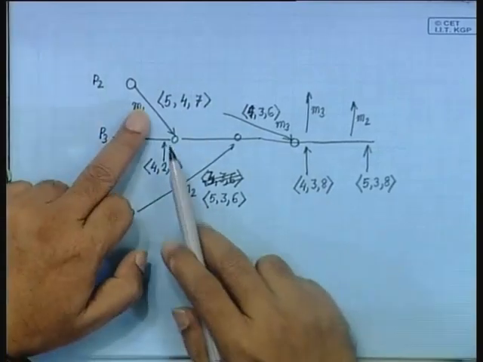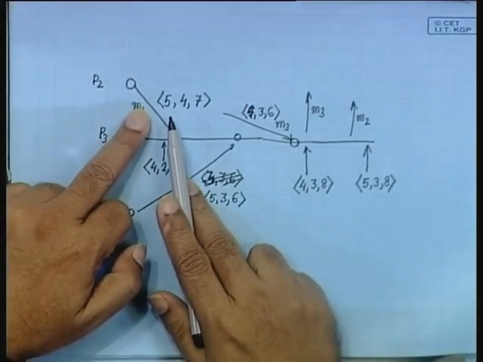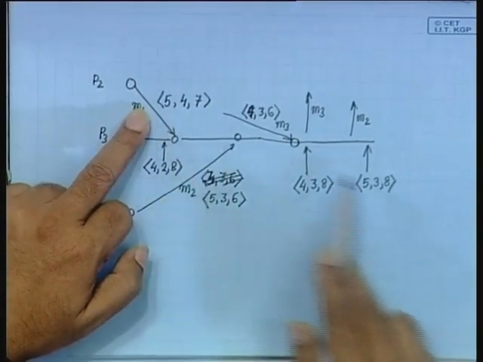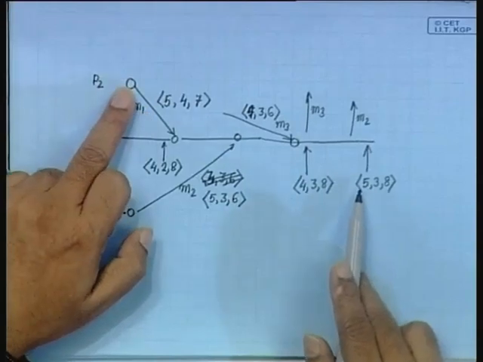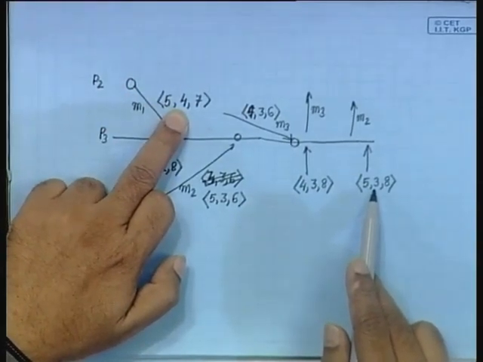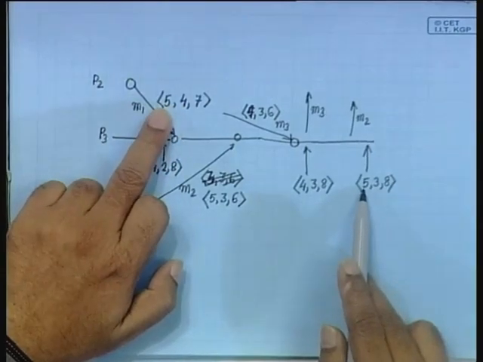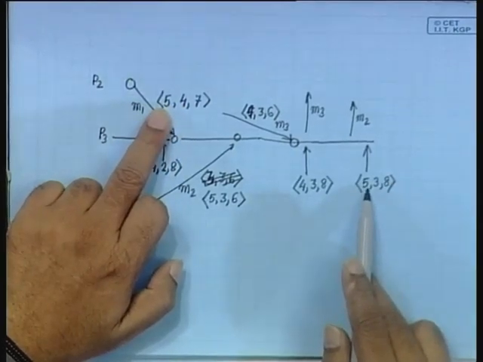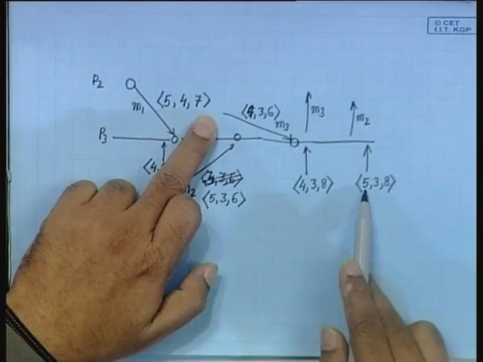Now look at M1, the delivery requirement of M1 is now satisfied. This is received from P2, and in the second dimension this is just 1 more, and in the other dimensions this is as large as this timestamp, right.